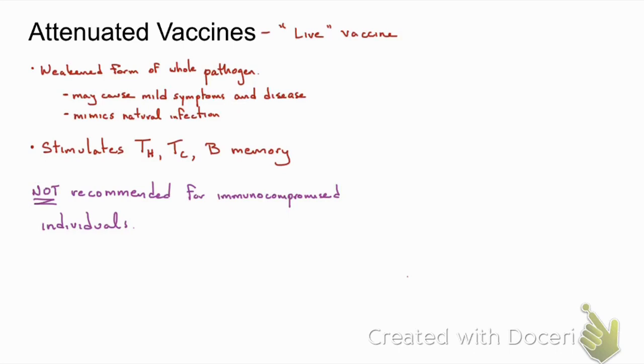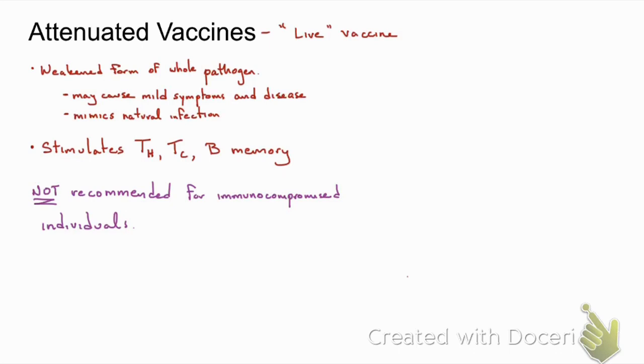Let me give you a quick case study on some of the attenuated vaccines. One of the original vaccines for polio is known as the oral polio vaccine, or the OPV. This is an attenuated vaccine, and it worked incredibly well to reduce the number of cases and incidences of polio.